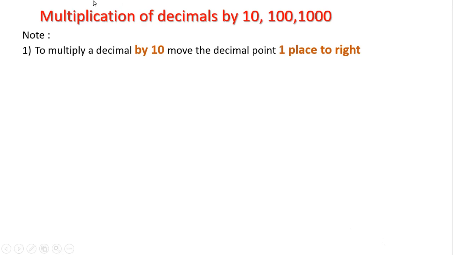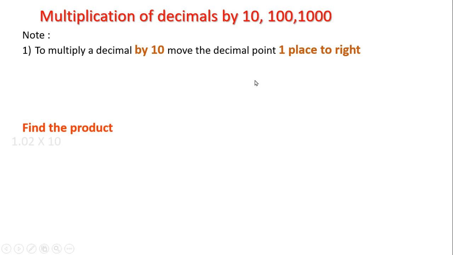To multiply a decimal by 10, move the decimal point one place to the right, which means to find the product of decimal number and 10, we'll just move that decimal point one place to the right.